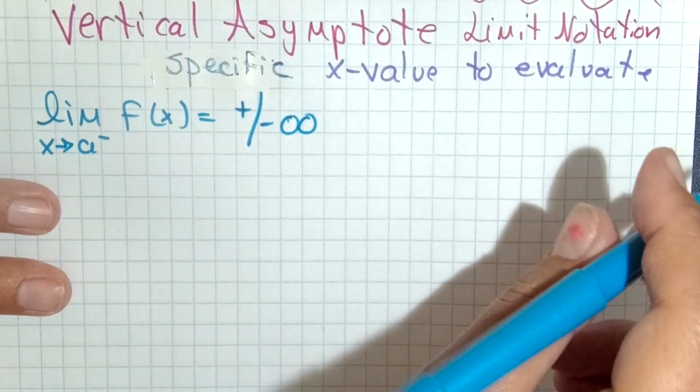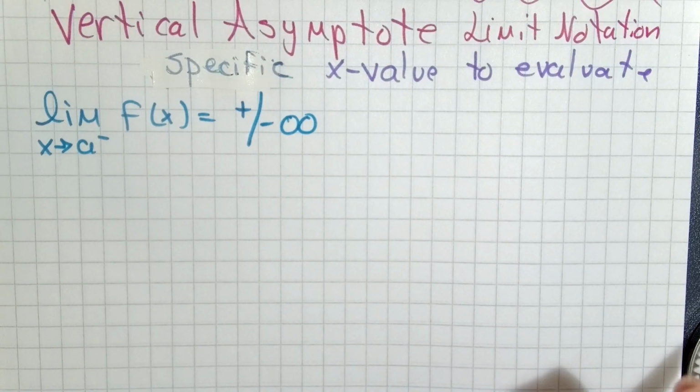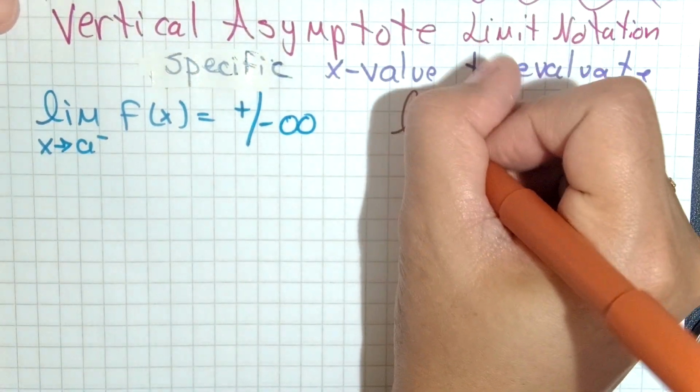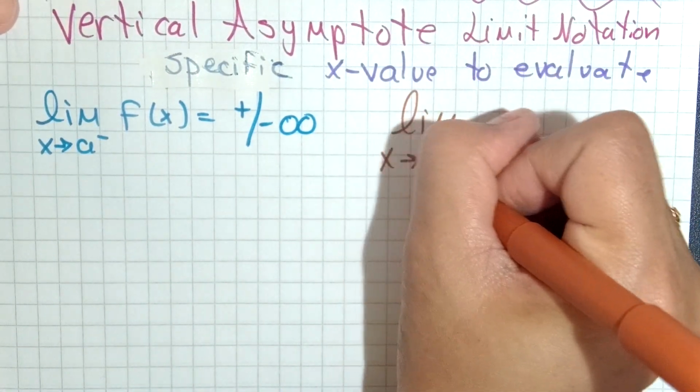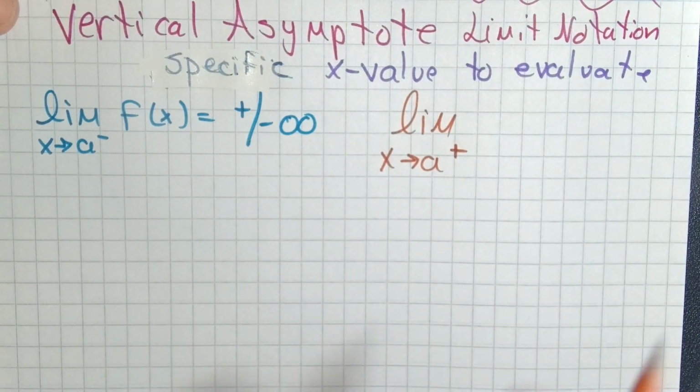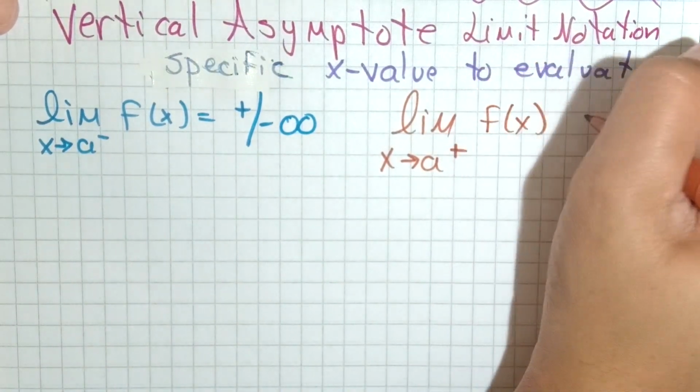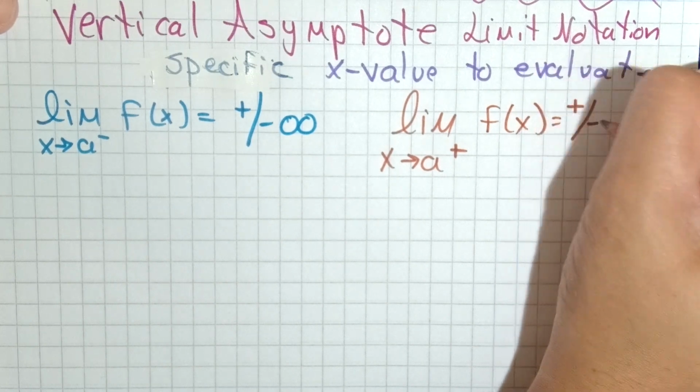Your graph is going to increase infinitely up, or decrease infinitely down. Then we have the limit as x approaches a from the right of f of x. Again, it can go to positive or negative infinity.